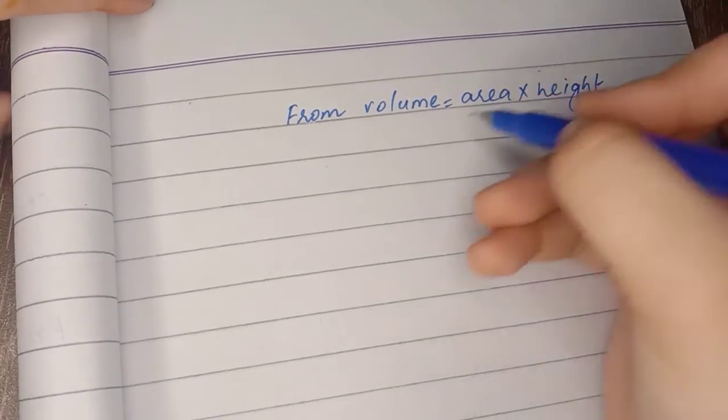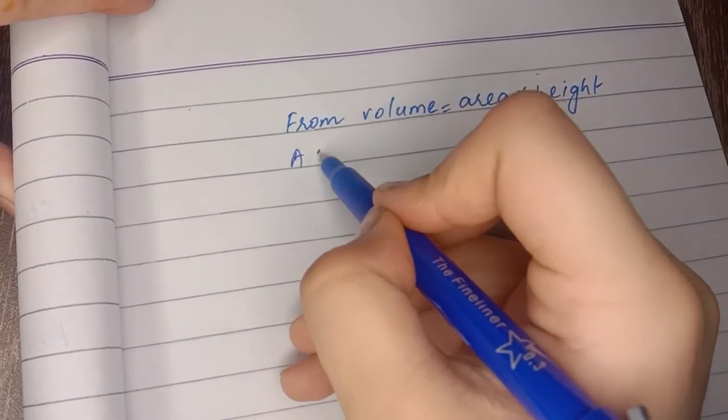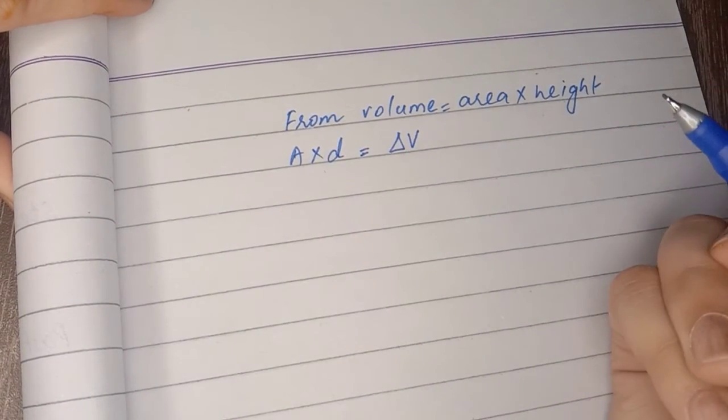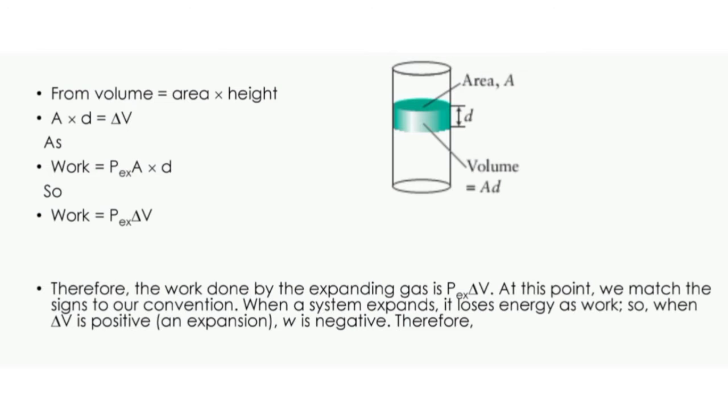A multiplied by D is equal to delta V, as we can see in the figure.